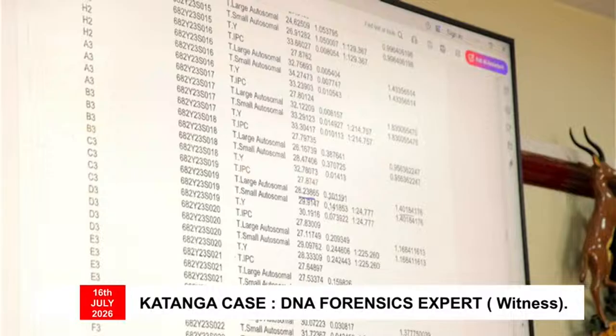Varying ratios in a sample is a sign actually that there is no cross-contamination. Not so. No, that's not correct.